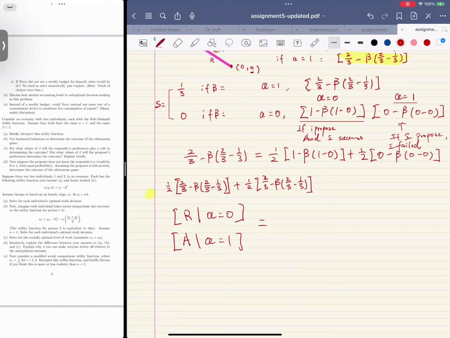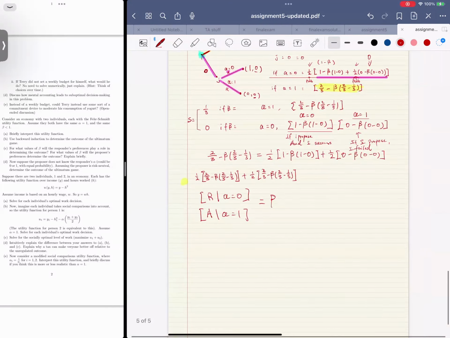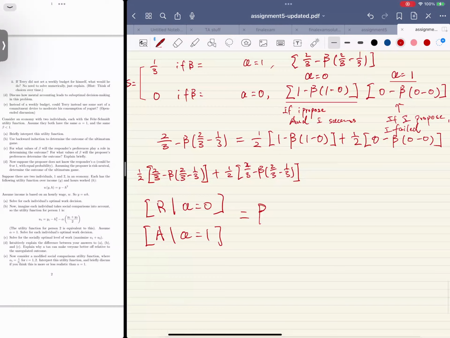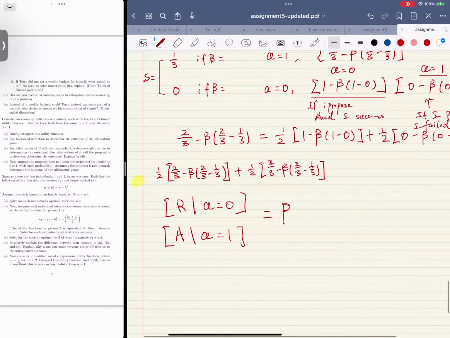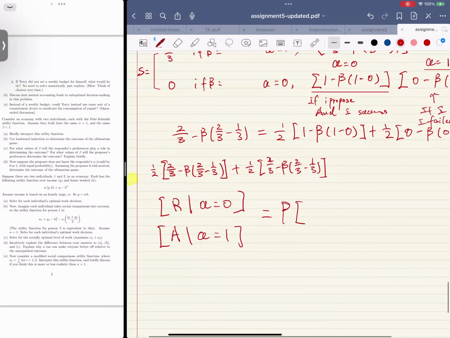which this will be equals to the probability of me giving $0. Well, probability of S equals to 0.